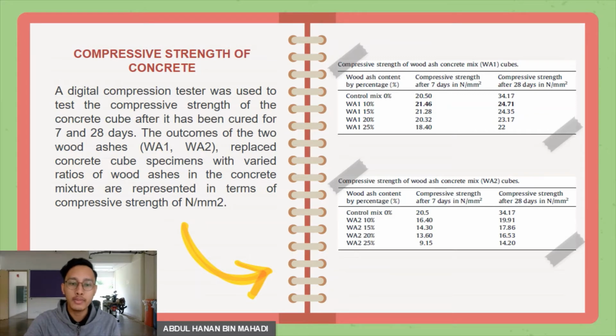The outcomes of the two wood ashes, which are WA1 and WA2, replacing concrete cube specimens with varied ratios of wood ashes in the concrete mixtures are represented in terms of compressive strength in Newton per millimeter square. So on the left is the compressive strength results for wood ash 1 and wood ash 2.